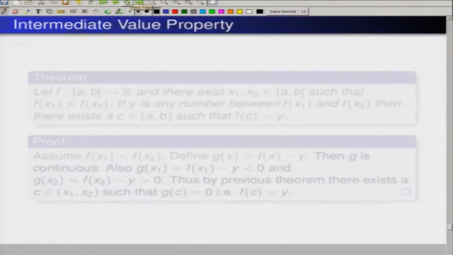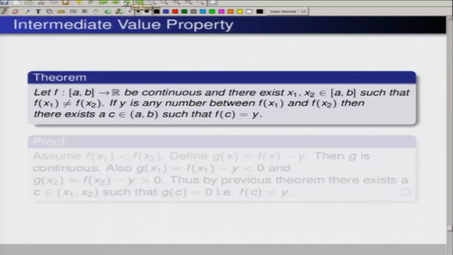Okay. So, now this is a very important theorem, and a very interesting theorem also. What precisely we are saying is that if it goes from negative to positive, then it has to go through 0.